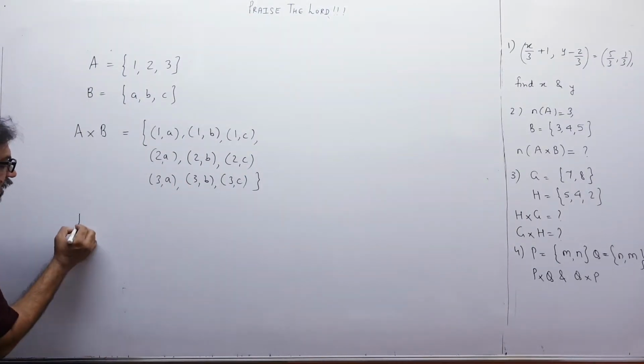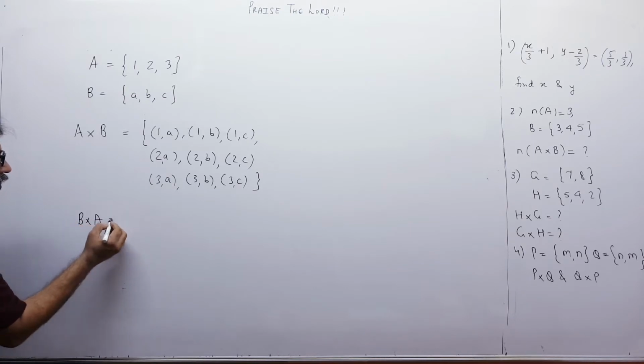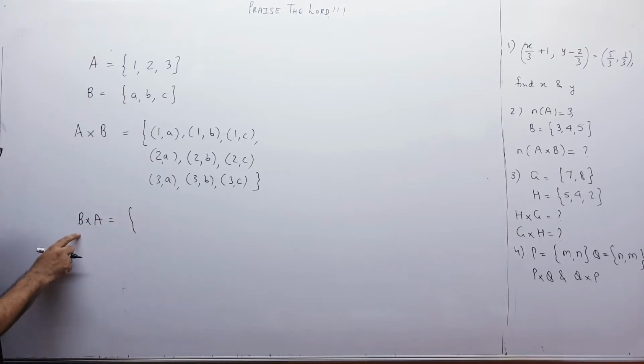But if I want B cross A, the first element will be from B, the second will be from A. So understand A cross B and B cross A are not the same thing.